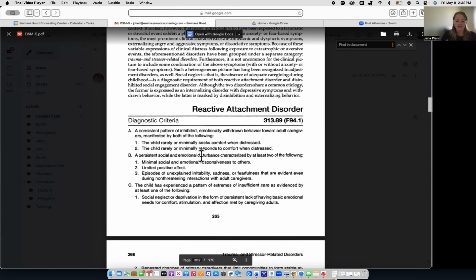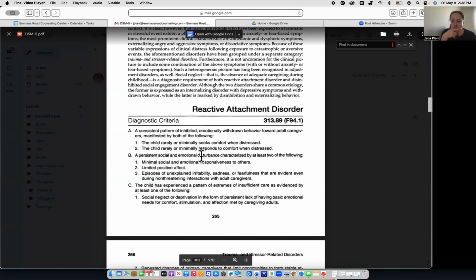There are some modalities, which we're not going to cover in this class, but there are some specialized modalities that really focus on building the attachment and the relationship between the caregiver and the child. That, in my opinion, requires further certification and training, which is why we're not really going to touch on this in class.